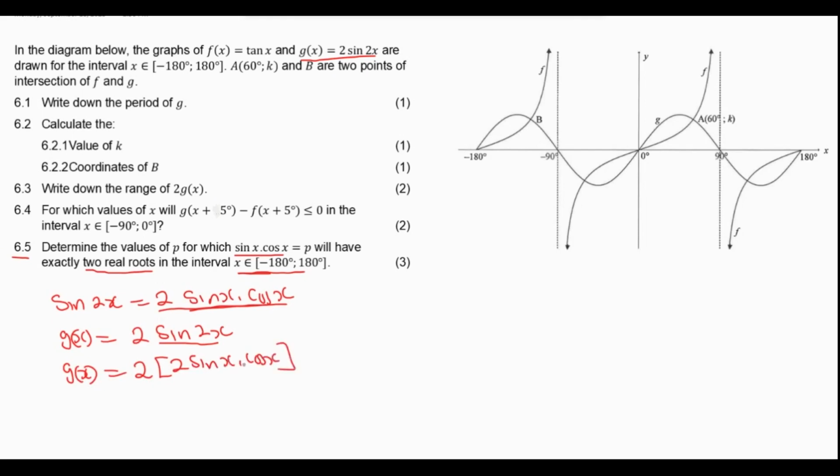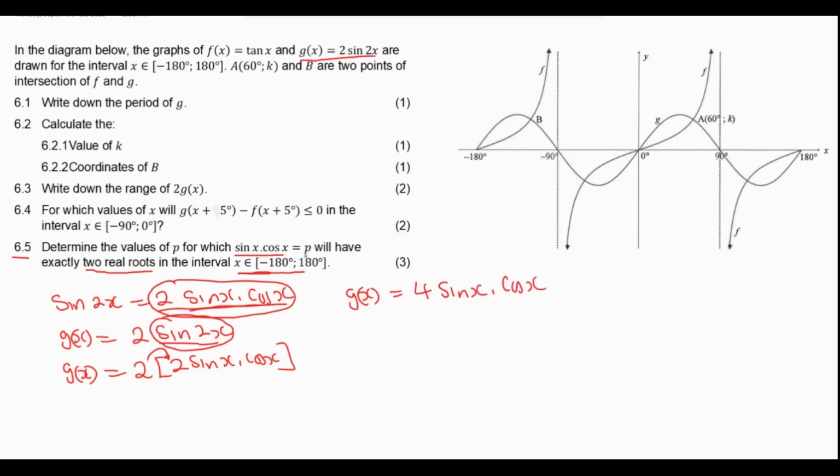You see that we have replaced this sin 2x with this 2 times sin x cos x. Let's multiply these. 2 times 2 there will give us 4. So g(x) is equal to 4 sin x cos x.